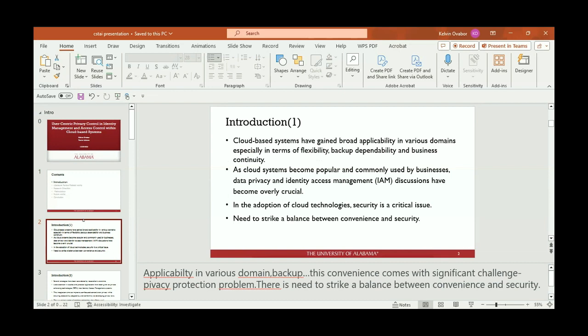As cloud systems have become popular and commonly used by businesses, there's an issue of data privacy and identity management, which have been very much involved in various areas of research. Especially in the adoption of cloud technology, security is a critical issue. Notwithstanding the convenience and benefits that cloud-based systems offer, there's a need to strike a balance between convenience and security.